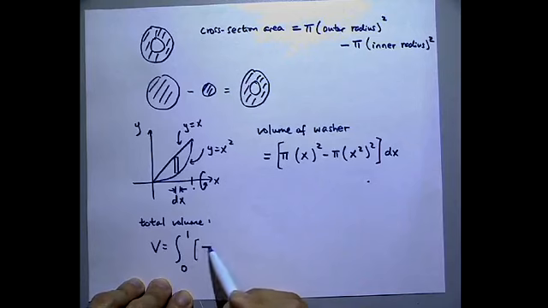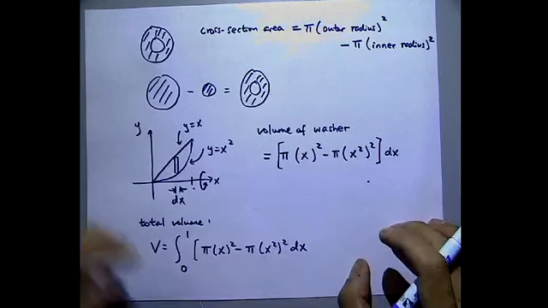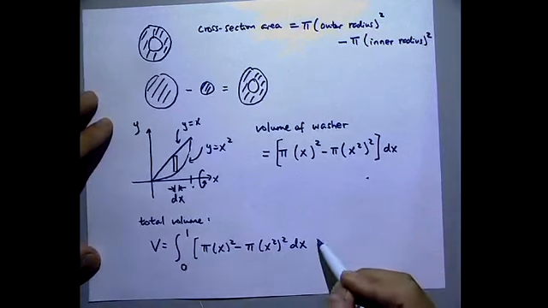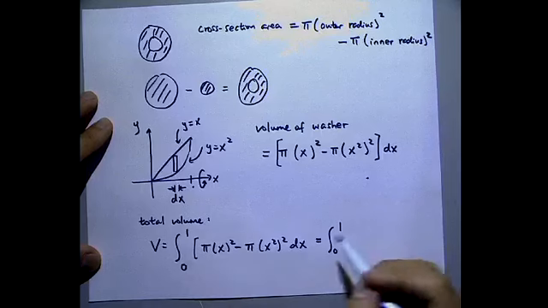So that's pi x squared minus pi x squared squared dx. Let's take the pi outside.